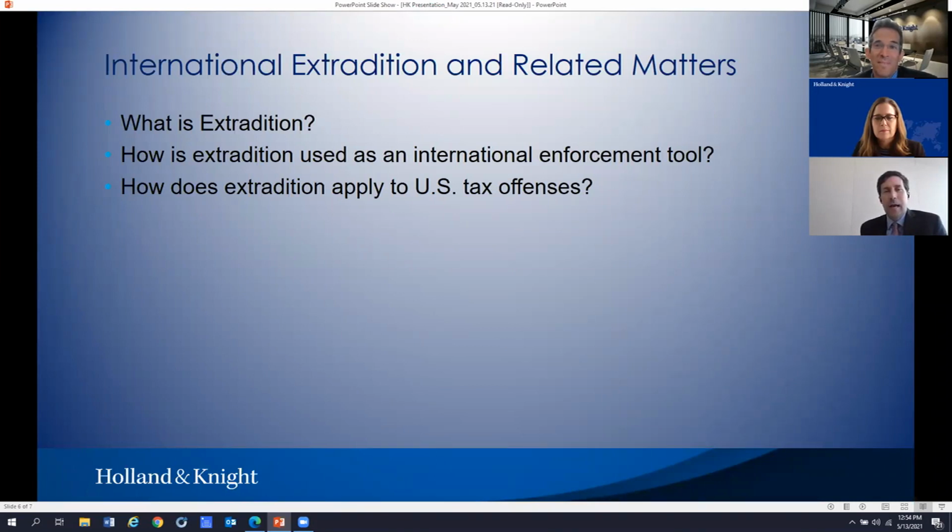Interpol has senior law enforcement executives from around the world who trade information back and forth. If a government is seeking extradition of a defendant or potential defendant in a criminal case, they work through Interpol to issue what's called a red notice.